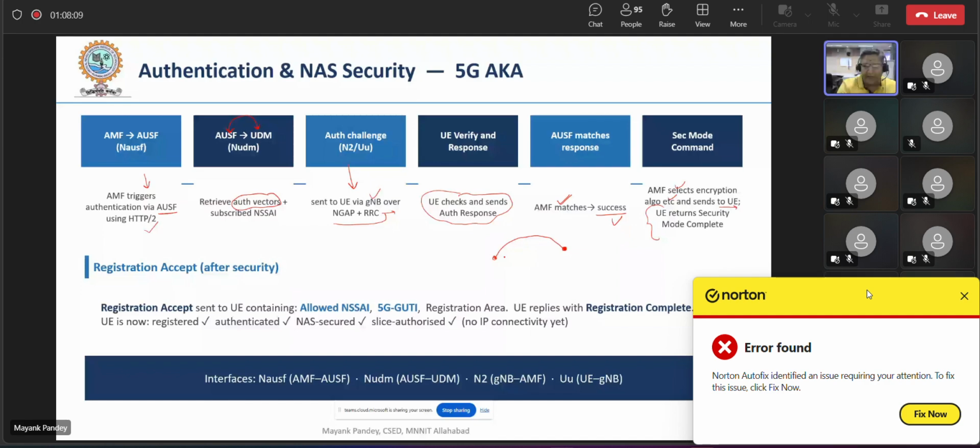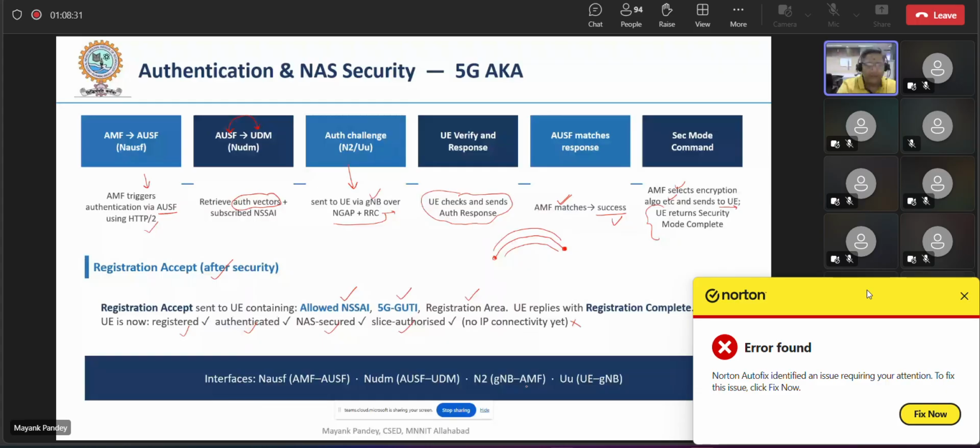So after registration accept, what is getting sent? Allowed NSSAI, 5G global identifier, registration area. UE is now registered, authenticated, NAS secured, slice authorized, but still there is no IP connectivity.